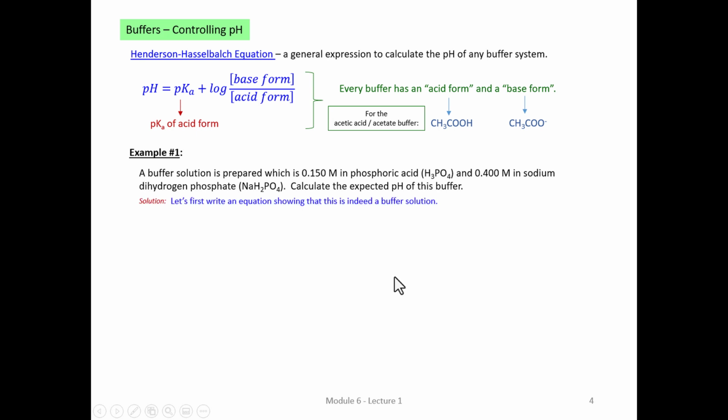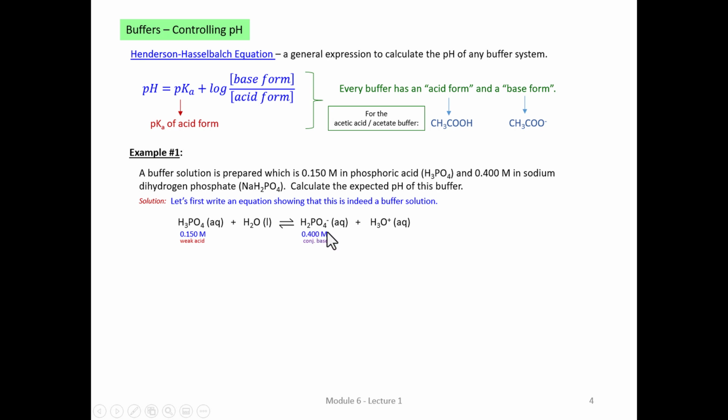So we'll write an equilibrium showing this system acting as a buffer, meaning we've got the acid form here, phosphoric acid plus water, phosphoric acid losing an H plus to water to form hydronium ion, and then the H2PO4 minus ion being left. And we have 0.150 molar of our weak acid, phosphoric acid, and we have 0.4 molar of our conjugate base, H2PO4 minus.